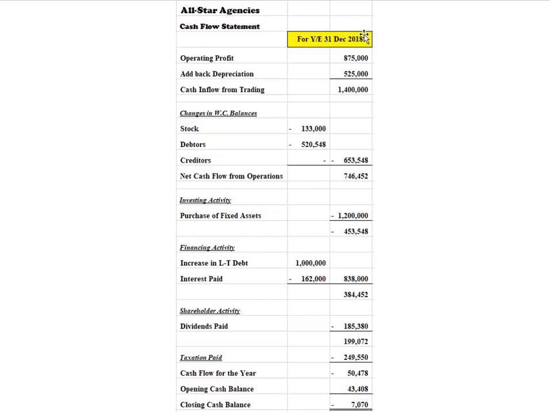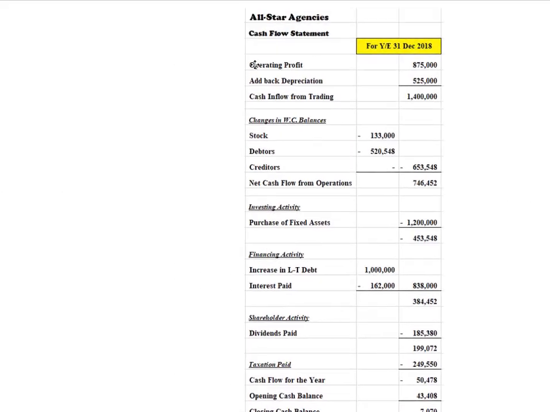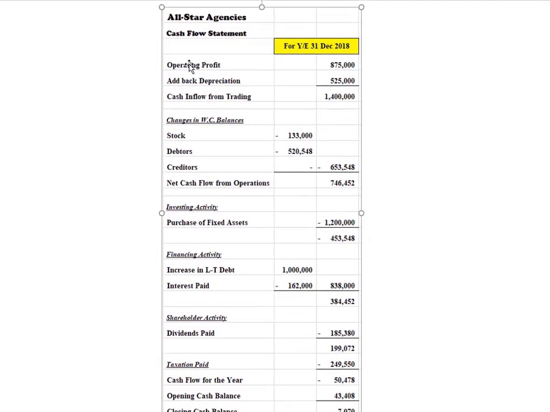So here we are in 2018, and notice what the first items are here. They are operating profit, add back depreciation, cash flow from trading. So we did that. The next items here are changes in working capital. And there you see those numbers that we calculated in the balance sheet from one year to the next.